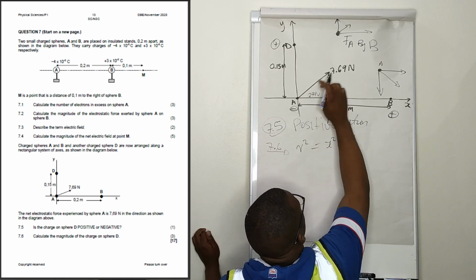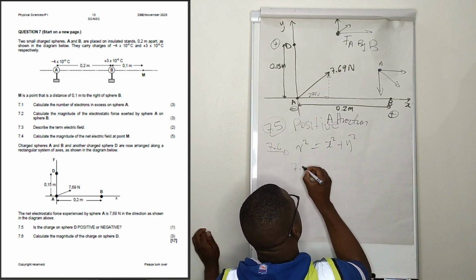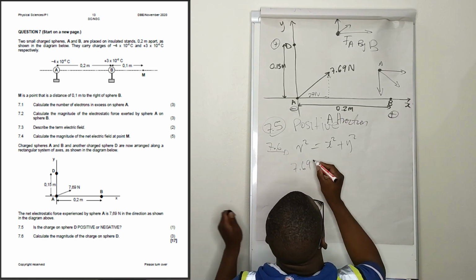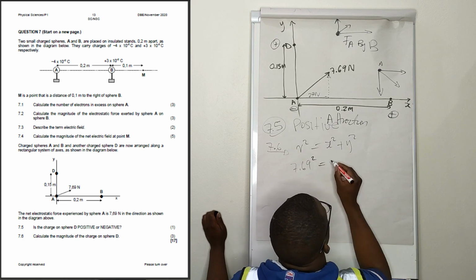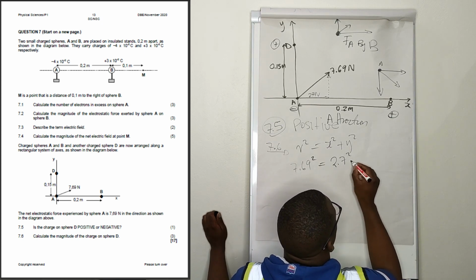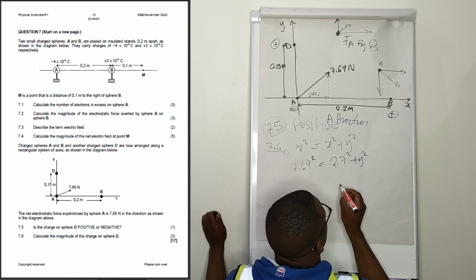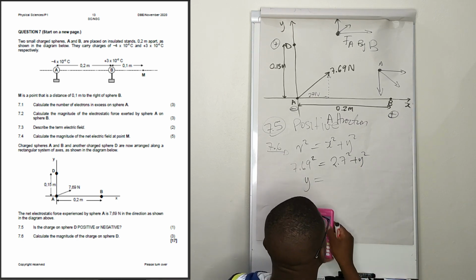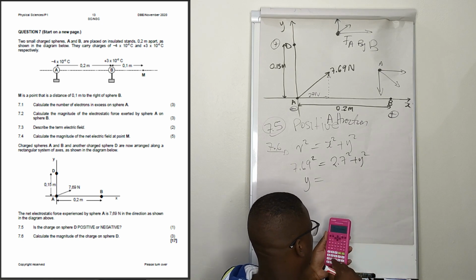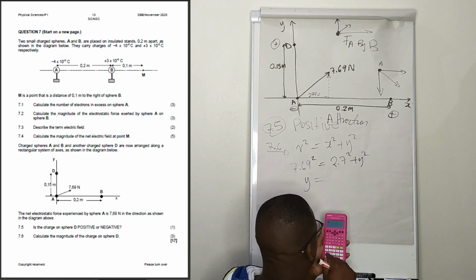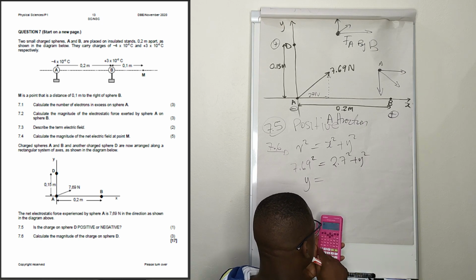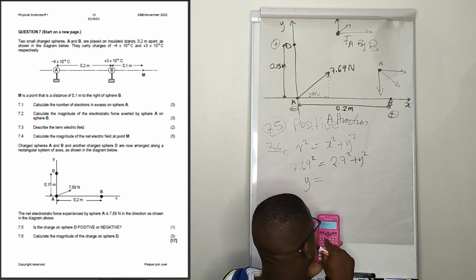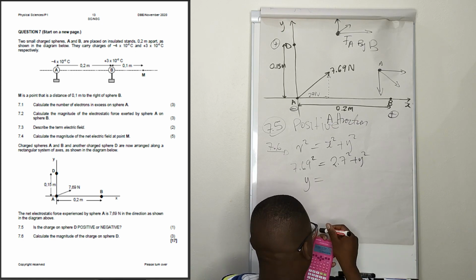R squared is our hypotenuse there, 7.69 squared, is equal to x squared, 2.7 squared, plus y squared. So y is equal to 7.69 squared minus 2.7 squared.